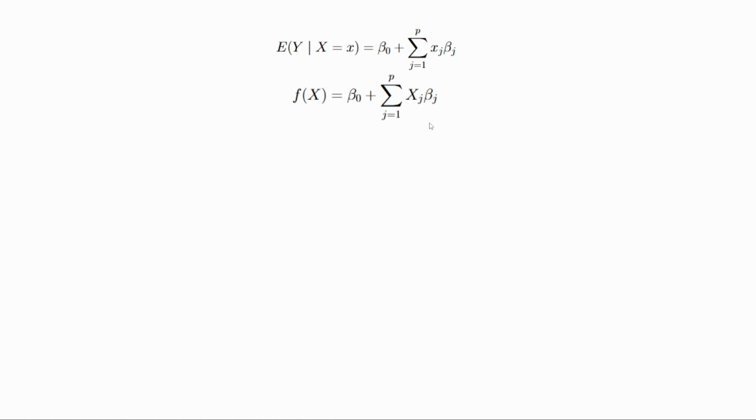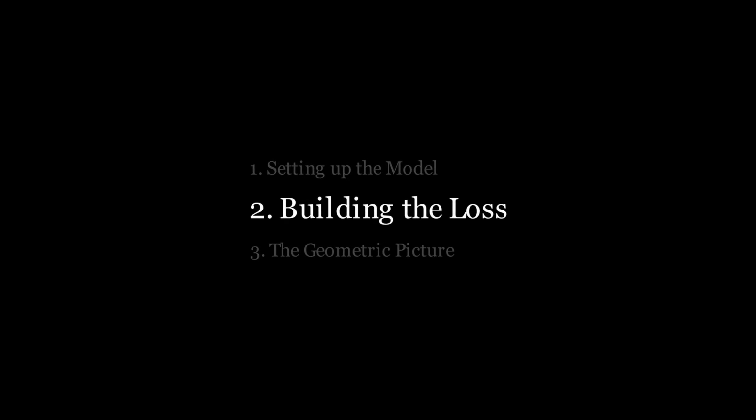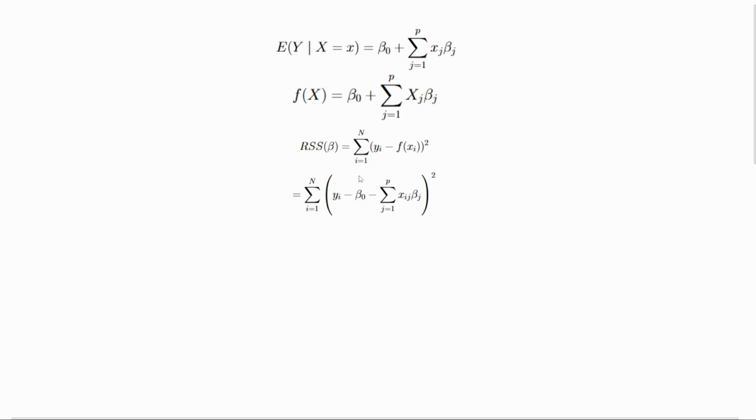All right, so exactly like week 22, we need a loss function. So we're going to use the residual sum of squares. Okay, so the residual sum of squares is just the sum of the squared residuals, as in the name here.